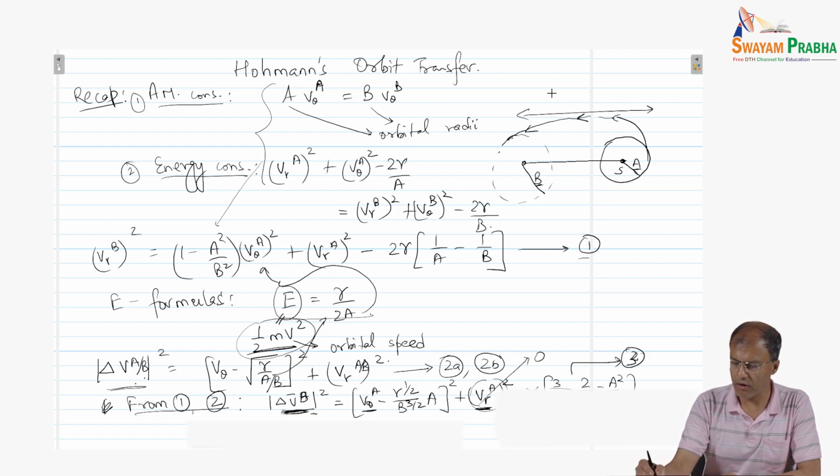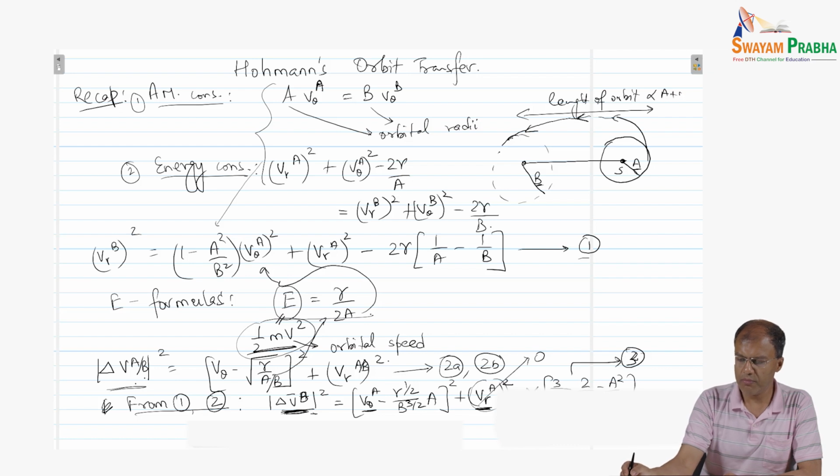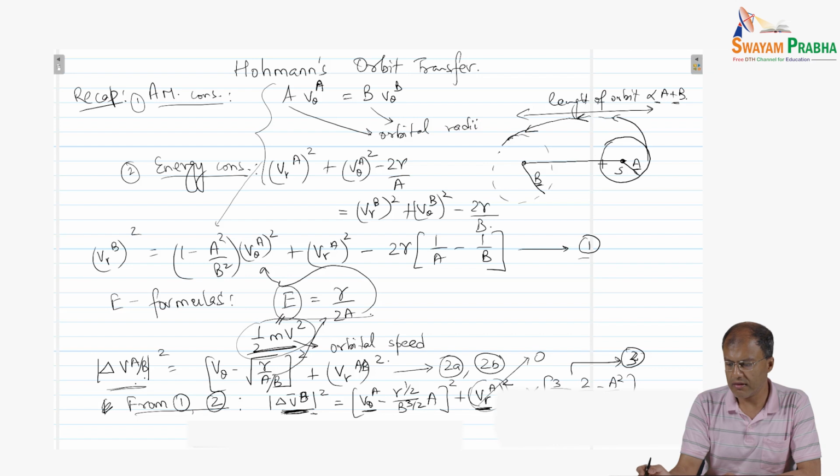The length of the orbit is proportional to A plus B, maybe with some factors. So we minimize this length of the orbit such that the satellite finally lands at the orbit of the planet.